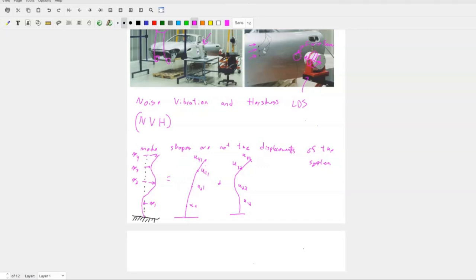Now I have the next mode, and the next mode adds another level of complexity, another curvature, and it's going to look something like that. And I have my fourth mode, and it adds another level of complexity, and it's going to look something like that. Each mode shape adds a level of complexity.